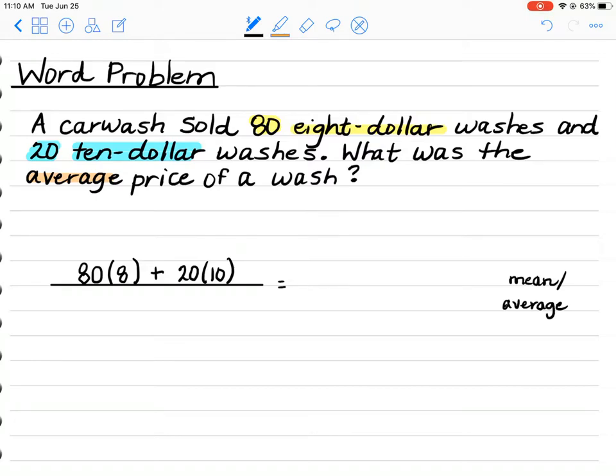So we have 80 washes plus 20 washes. Eventually I'm going to have to ask myself how many washes. Let's put that down here because this is what we're going to have to figure out.